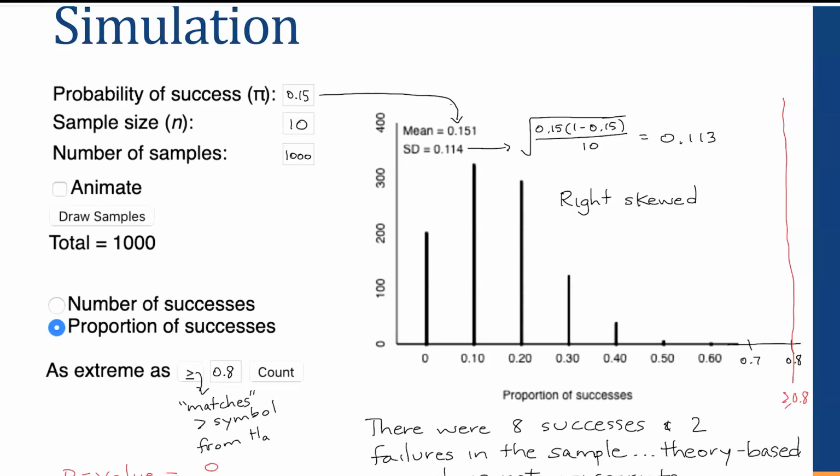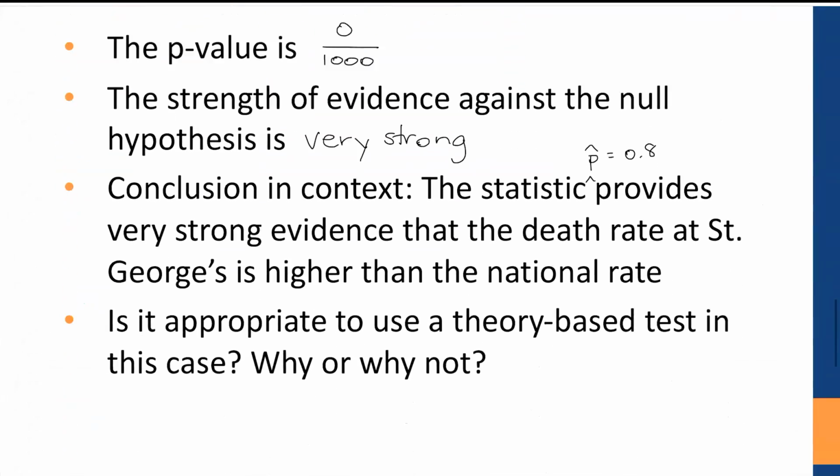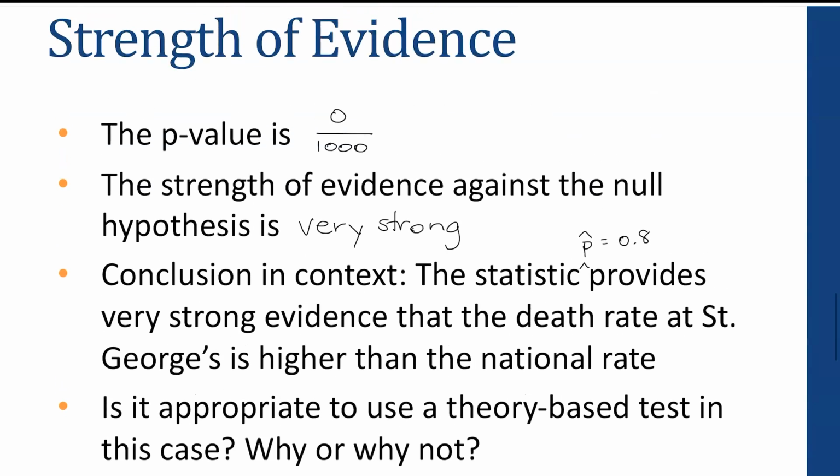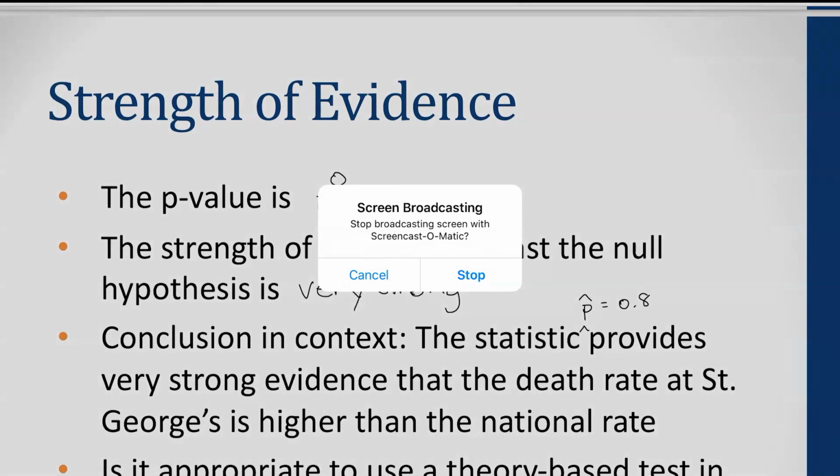And in the theory-based approach, our null distribution curve, that perfectly formed theoretical curve, would actually be bell-shaped. It wouldn't come out right skewed, and that's because we don't have the right number of successes and failures. So the light blue curve we would get from the theory-based approach does not match up well to the actual null distribution in this case.